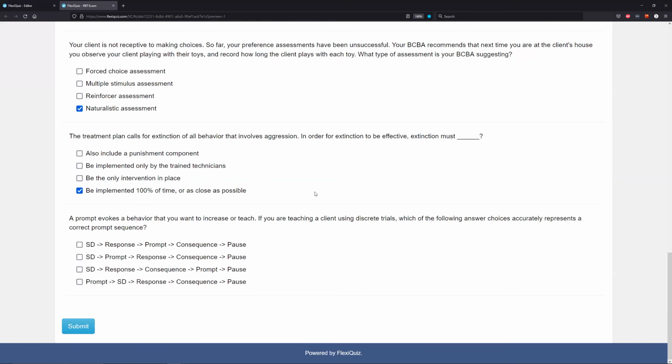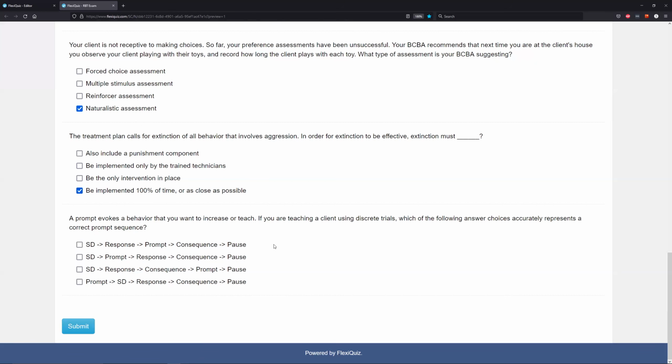So in a lot of ways, we might actually be making the behavior worse, okay? If you're reinforcing every 3 out of 10 times the behavior happens, well, you're creating a new reinforcement schedule. We need to be on extinction every 9 out of 10 or 10 out of 10 times. So in order for extinction to be effective, extinction must be implemented 100% of the time, or as close to as possible, and by everybody on the team, including parents, including siblings.